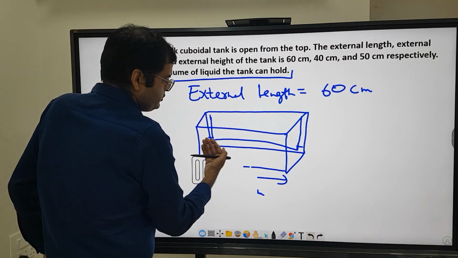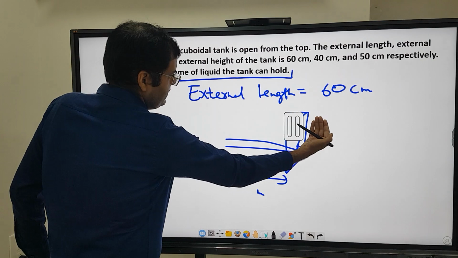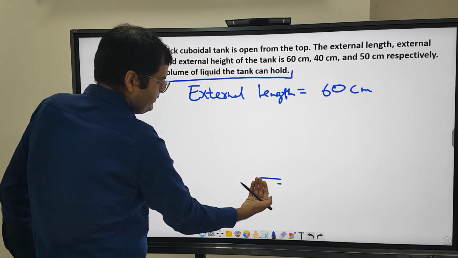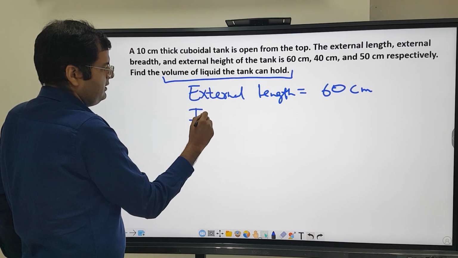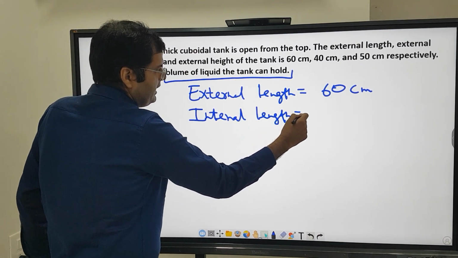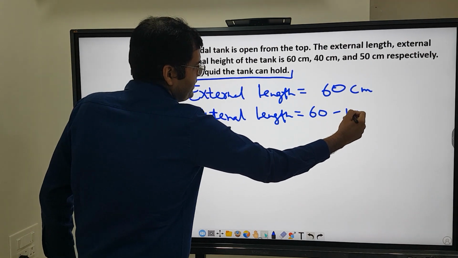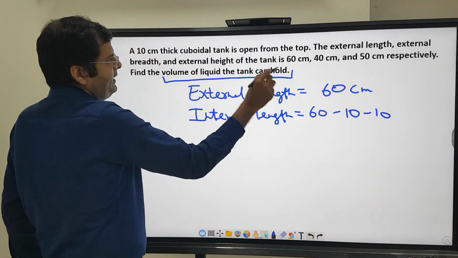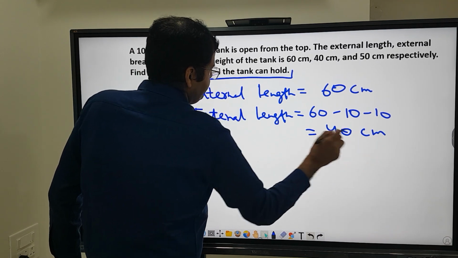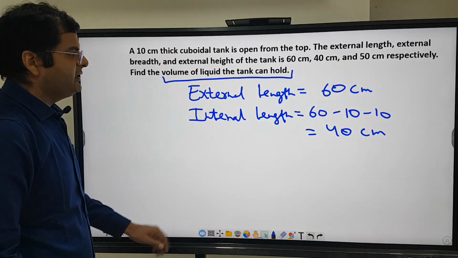So by that logic, what will the internal length be? The internal length will be the external length minus the thickness on both the sides, which is 10 and 10. So this is 60 minus 20, which is 40 centimeter. So the internal length is 40 centimeter.